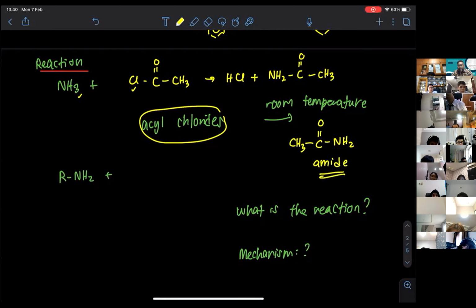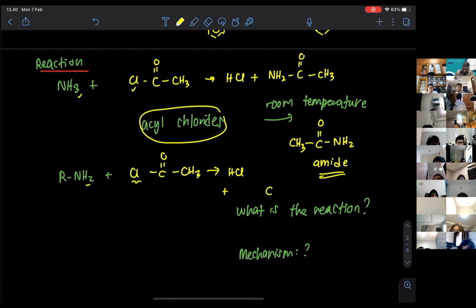This is going to be an amide. You're going to get amide. The same thing if I put the acyl chloride over here. What do I expect? This Cl and one of the H over here will give you HCl. And then they are going to give you C double bond O CH3, and then this one bonded to N, and then it is bonded to hydrogen and one R group.